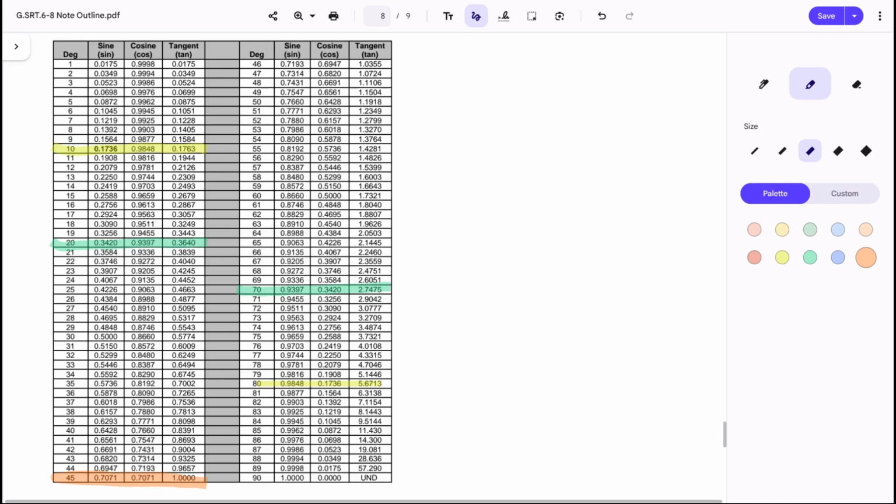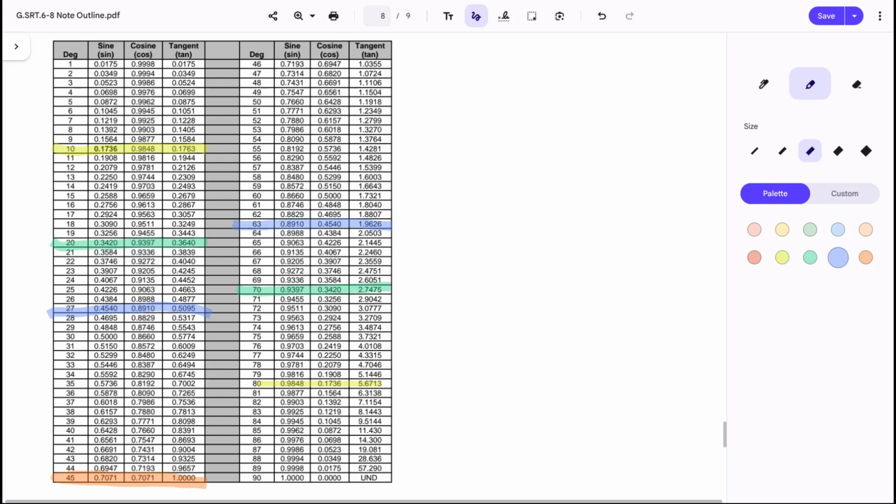Good. Yeah, if we chose something really random, like maybe 17 or even maybe 27. What's 90 minus 27? Yep, so that would line up here.